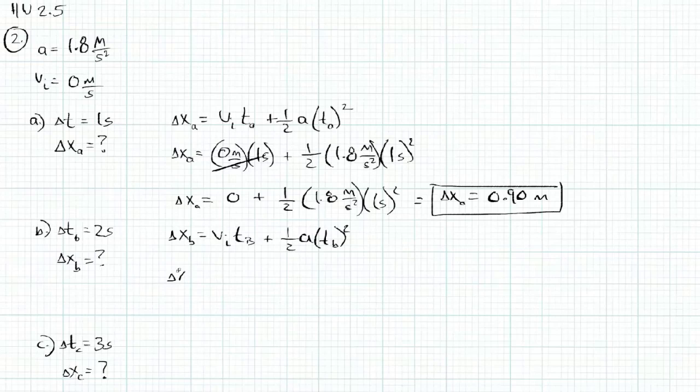So again, our displacement at B will be 0 plus 1/2 times the acceleration, 1.8 meters per second squared, times our time at B, which is now 2 seconds, that whole quantity squared. So that's going to come up with our displacement at B equaling 3.6 meters.